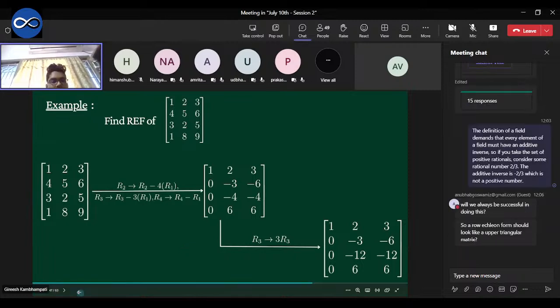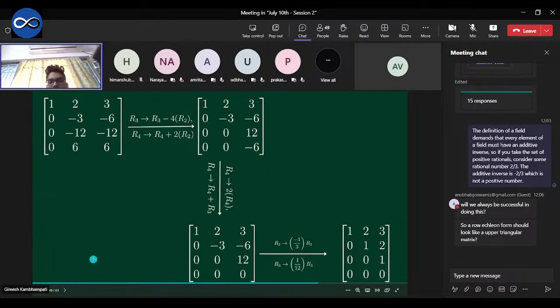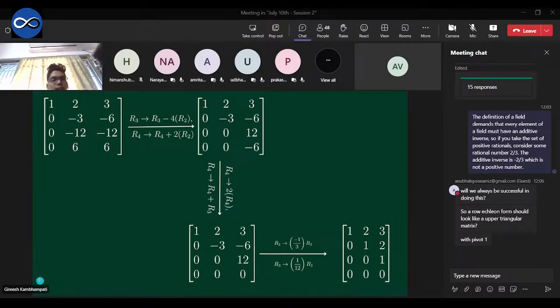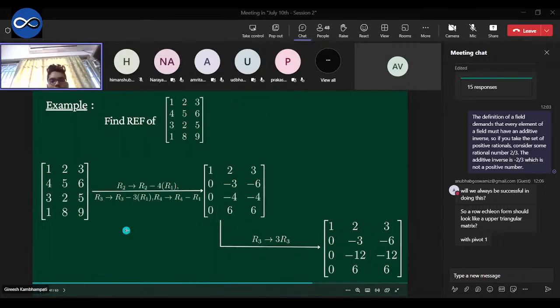If we are able to increase the number of zeros from top to bottom, we have attained the row echelon form.